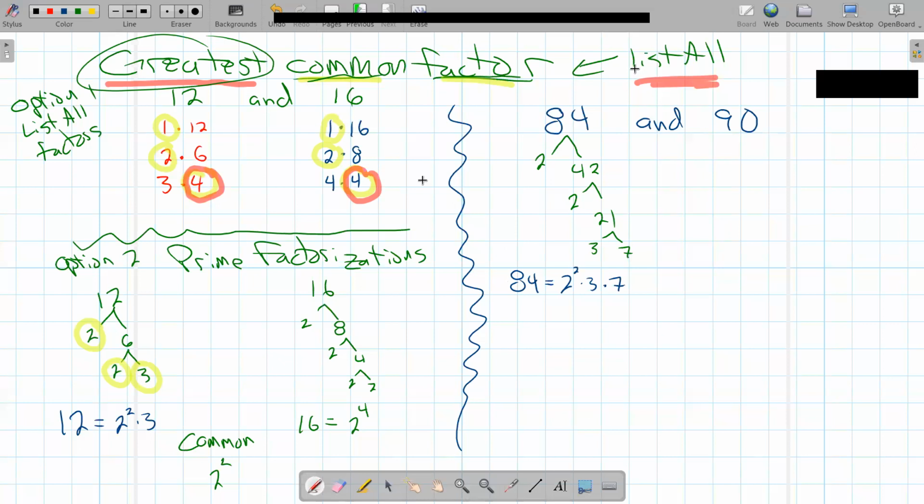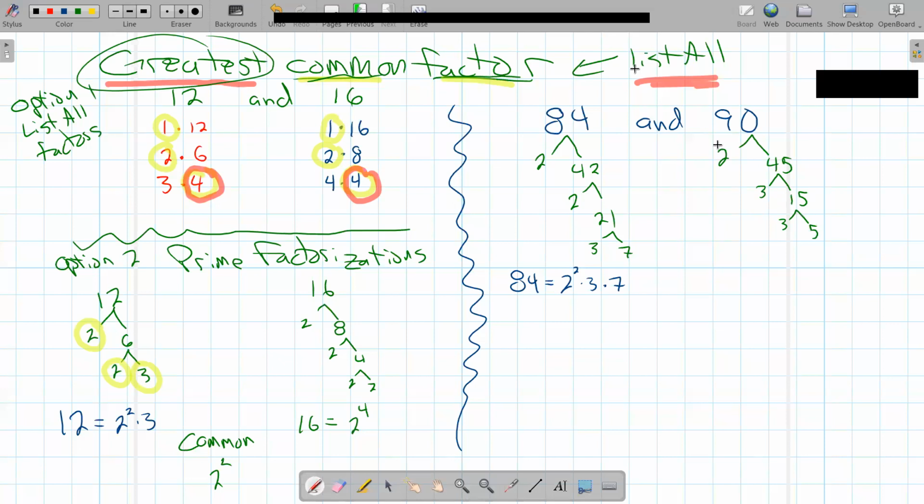And then we do the same thing for 90. 2 goes into 90 45 times. 2 doesn't go into 45, but 4 plus 5 is 9, so 3 goes into 45. How many times? 15 times. And then 3 goes into 15 5 times.